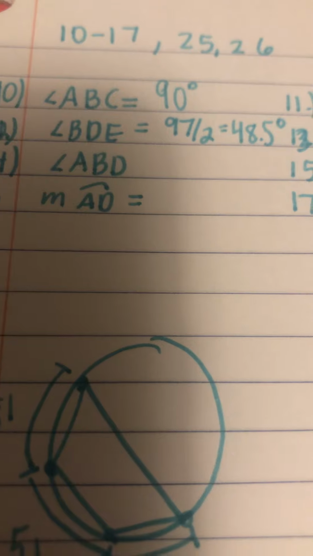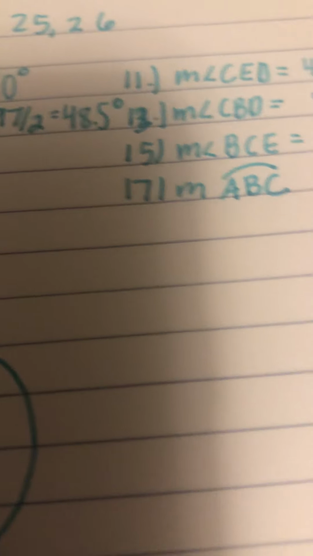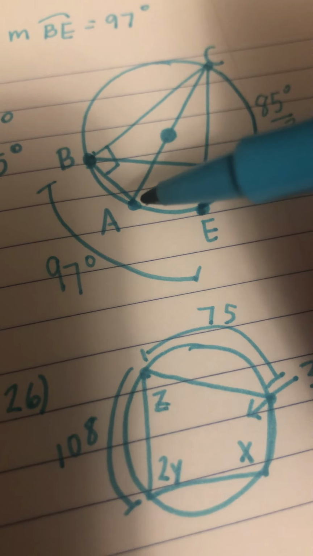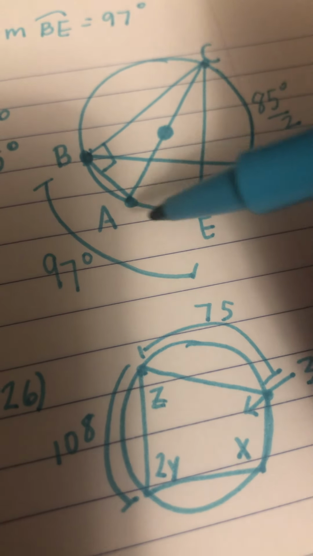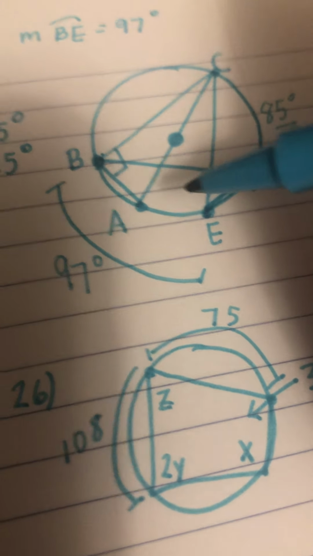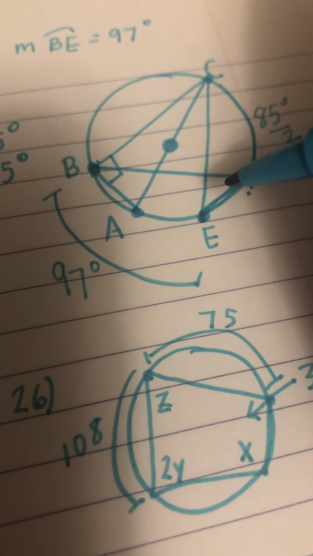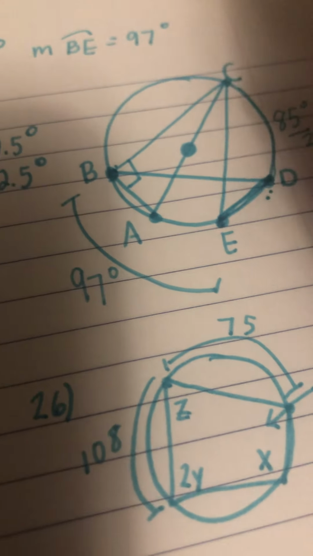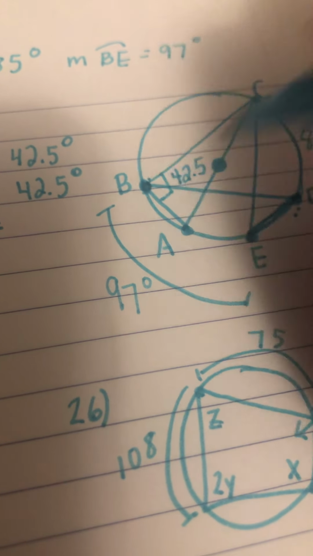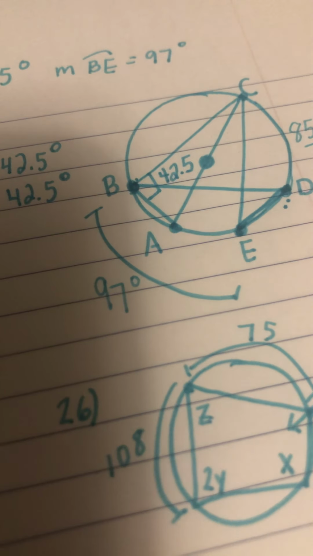If we go to ABD, so angle ABD, that is from here to here. We need to figure this measure out. Sometimes I like to fill this in: CBD is 42.5, because we figured that out earlier.